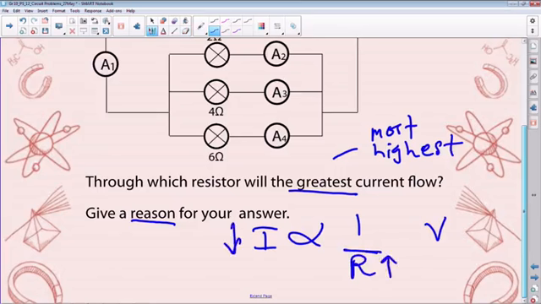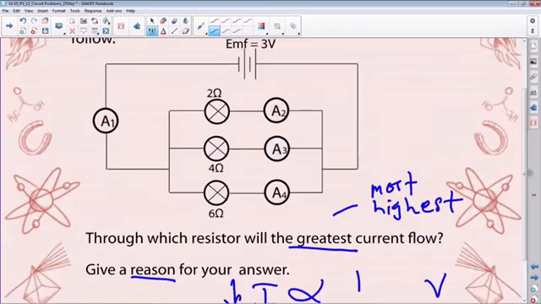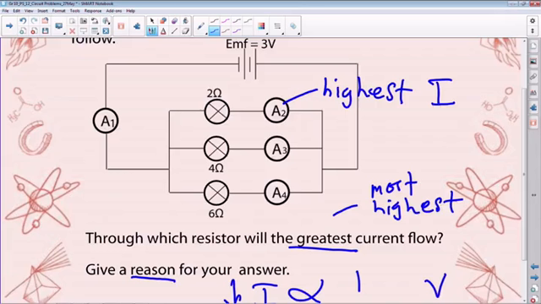So through which resistor is the greatest current? The resistor with the least resistance will have the greatest current. So in this case, A2 will record the highest current. It means the 2 ohm resistor is going to have the greatest magnitude of current.